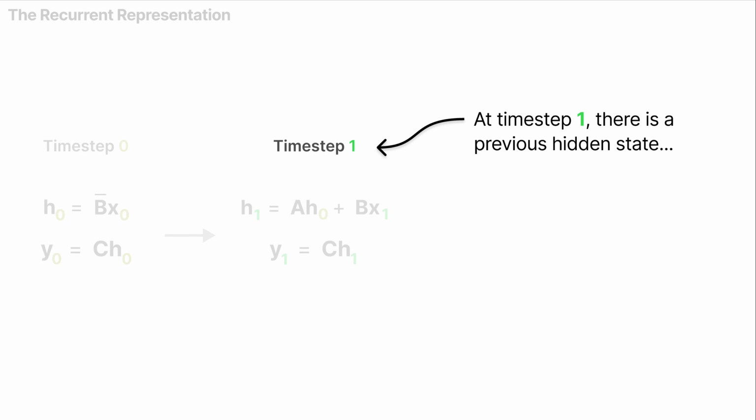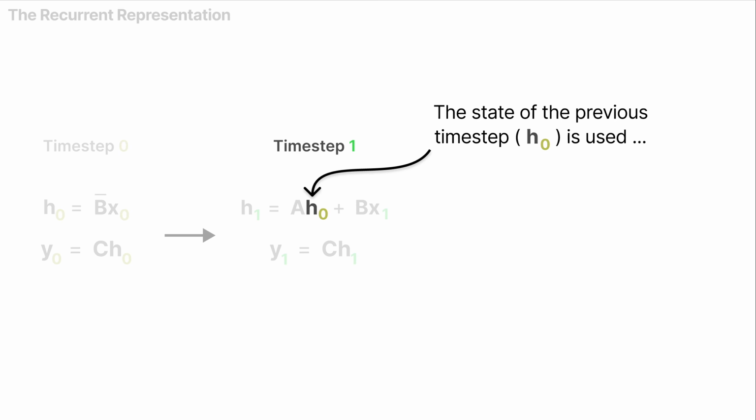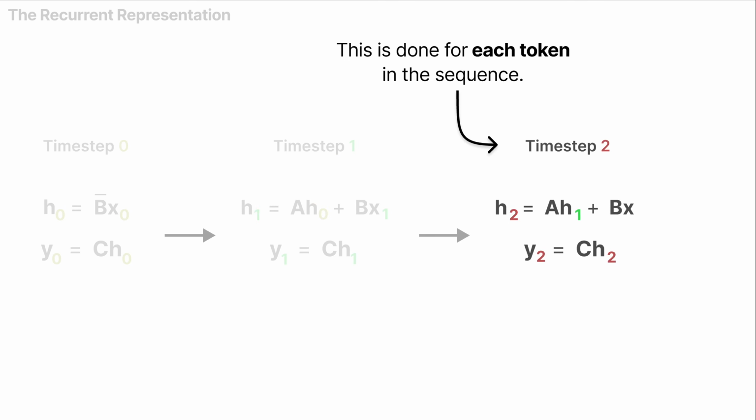At time step 1, there is a previous hidden state of time step 0 that we calculated previously. The state of the previous time step, h of 0, is used to calculate the state representation of the current time step, h1. This is done for each token in the sequence.